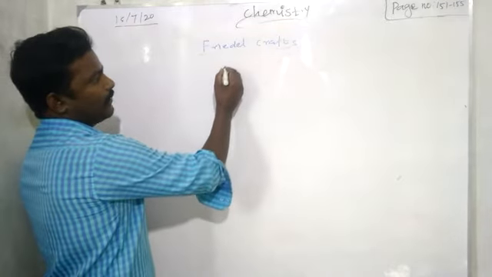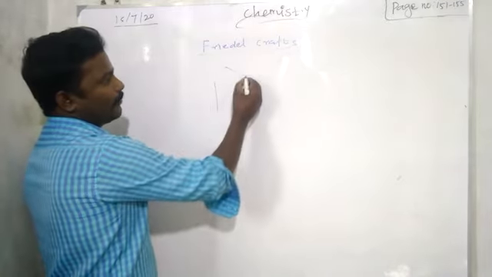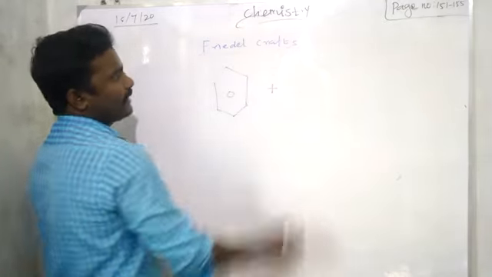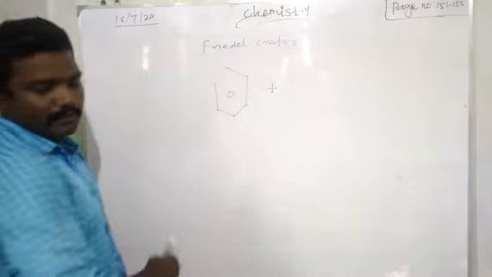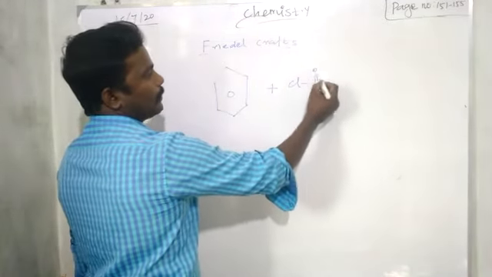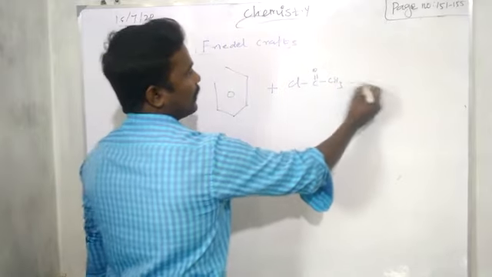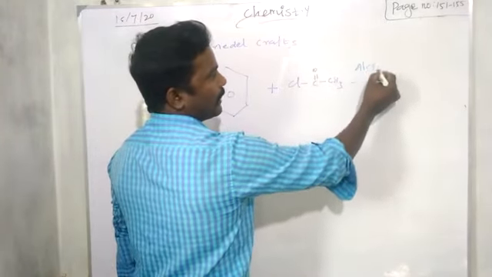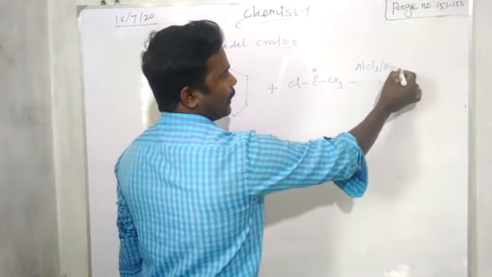So here we are going to take benzene. Benzene reacted with acetyl chloride, C double bond O, CH3. The catalyst is aluminum chloride with water.